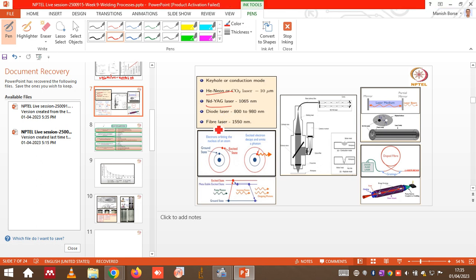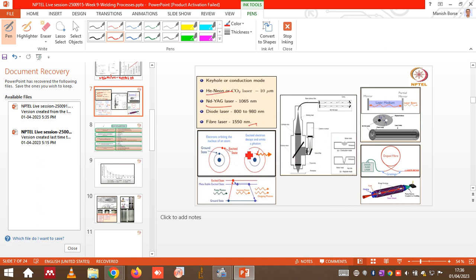In the fiber laser, if you remember, the power density can be even higher compared to other laser sources. Obviously this is not in the range of visible spectrum, so we can't see the laser. And we can use that in keyhole as well as conduction mode, that we can see in the subsequent slides.